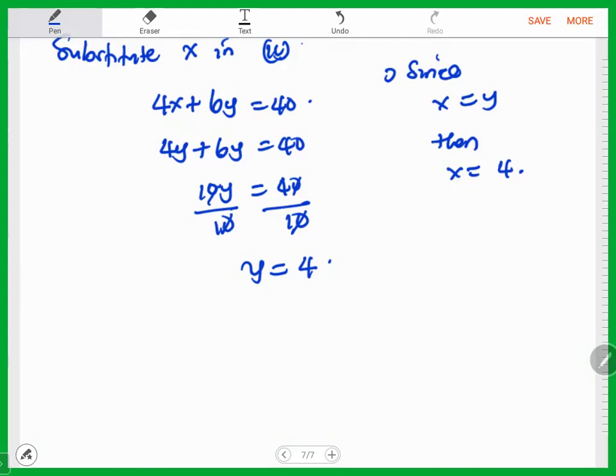Now that is the second method. And the third method is when we are looking at the matrix method.